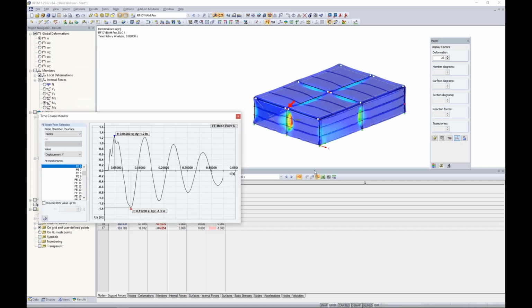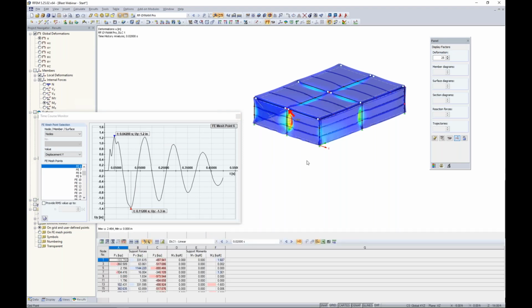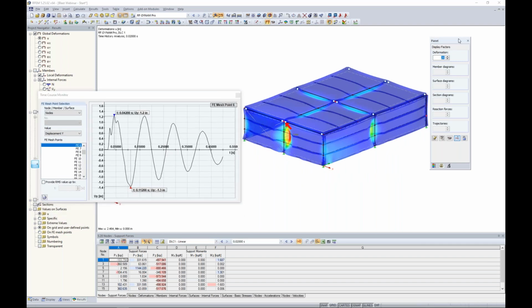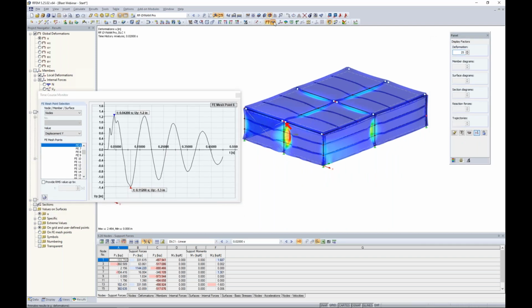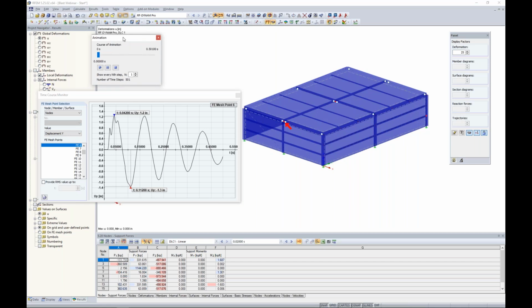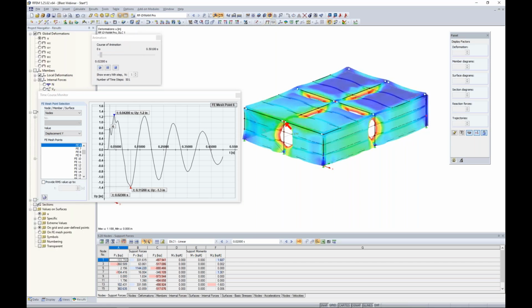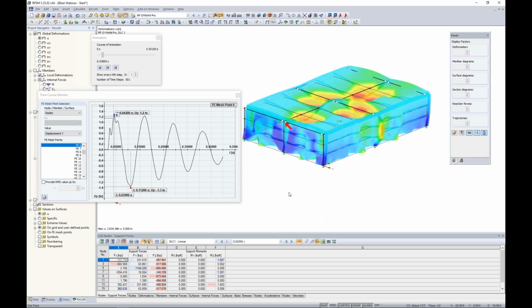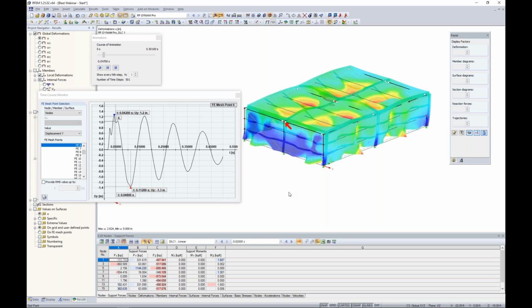Now, also within this option here is the ability to view animations. So if we take a look at our structure and we'll turn on our animation mode, we can see that when we play this and turn on our global deformations here, we're going to see the structure response of these deformations over time.